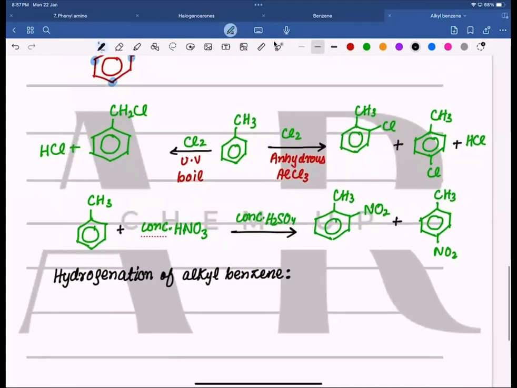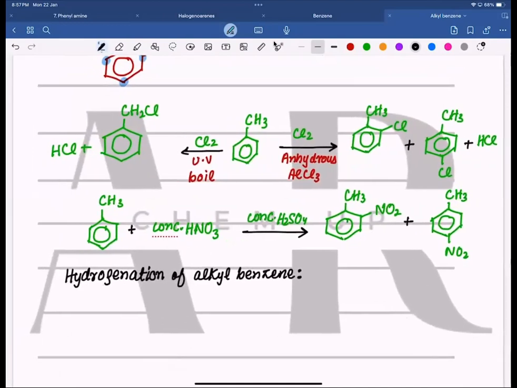And then we are going to do all the past papers related to these benzene structures. And we will just go over some of the AS reactions as well. We will do these past papers for benzene and their derivatives like phenyl benzene, alkyl benzene, phenol, phenylamine, and the benzene.